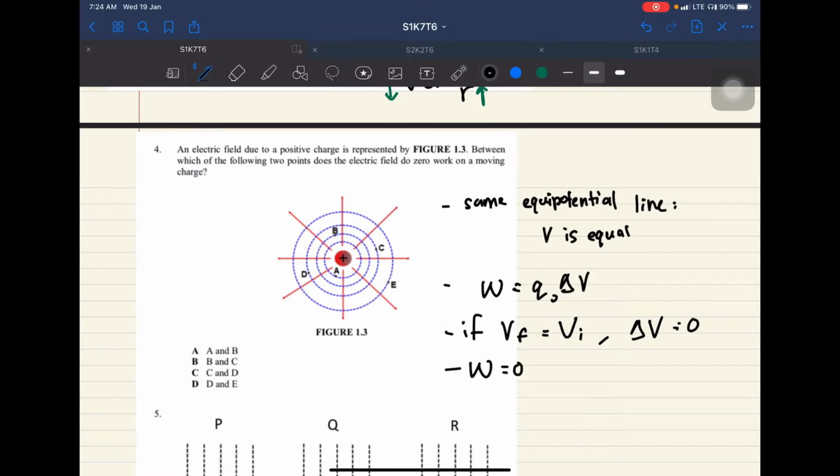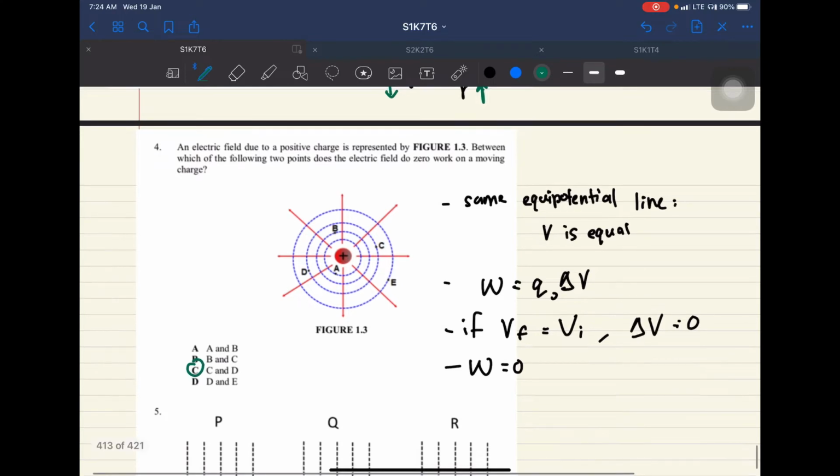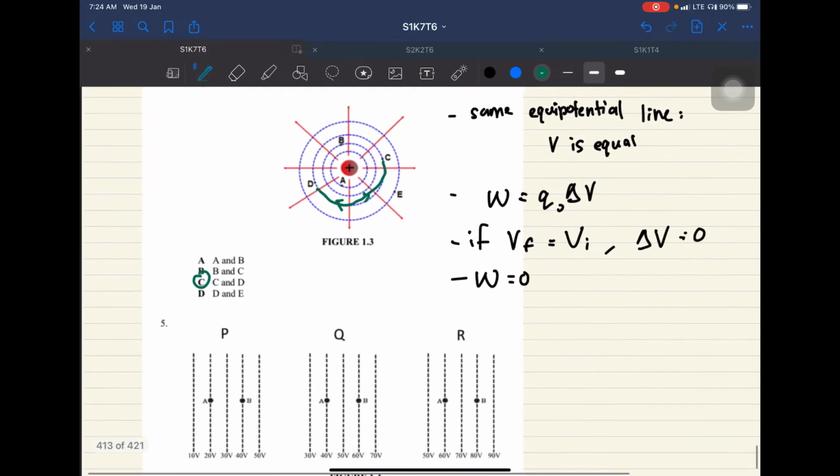Basically you want to find 2 points on the same equipotential line. So the answer will be C and D, or D and C. As long as you move along this equipotential line, work is equal to 0.